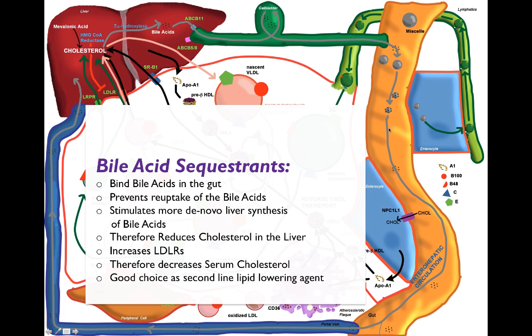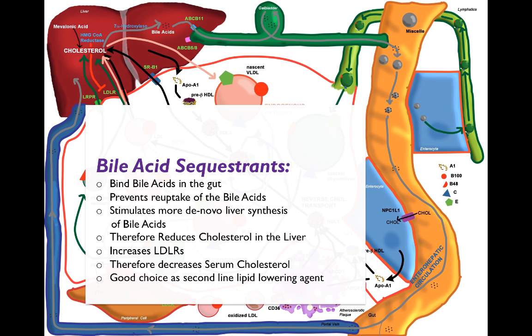Now, distally in the gut, 95% of bile acids are taken back up by the portal vein and sent back to the liver, and are recirculated in that manner. So what that means is you're very efficient with your use of bile acids.